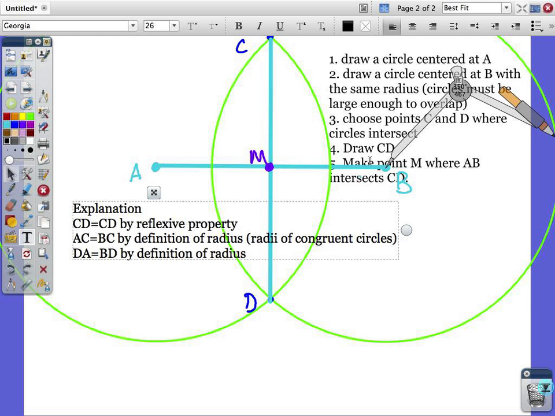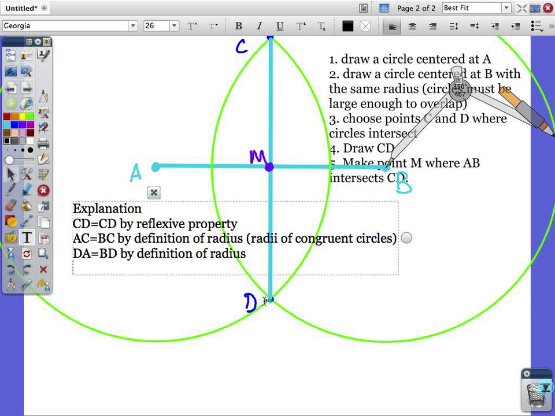Then we have AD congruent to BD. So we have those two long, skinny triangles that make a kite-looking shape in the middle of the eyeball. Now what can you tell me about those two triangles?